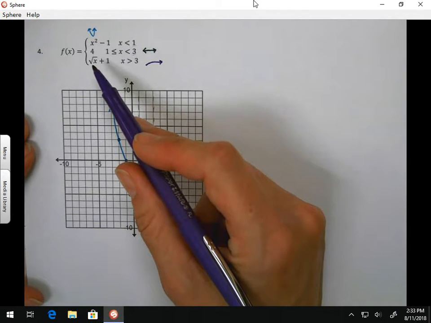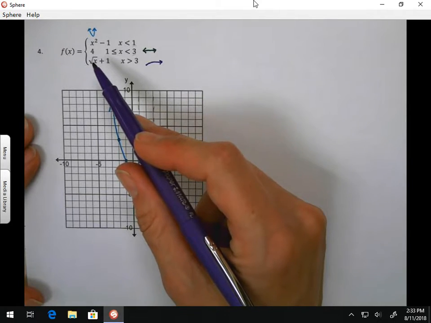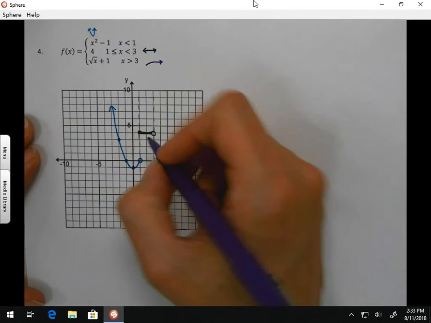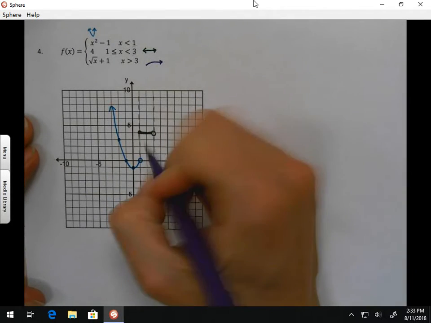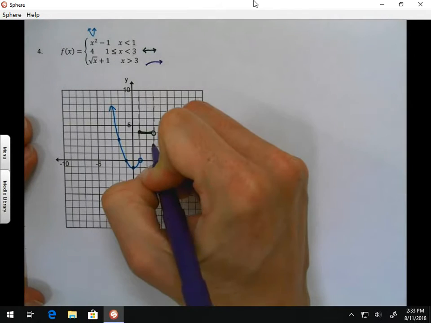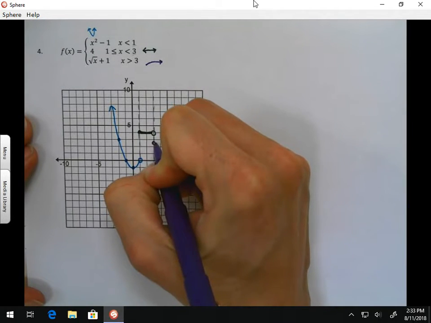We know square root of 3 has to be less than 2, because 2 squared would be 4. So we're at 1 point something. So if I add 1, we're going to be at 2 point something. Now obviously we're not looking for exact here, we just need an estimate. So I'm going to put an open circle here.